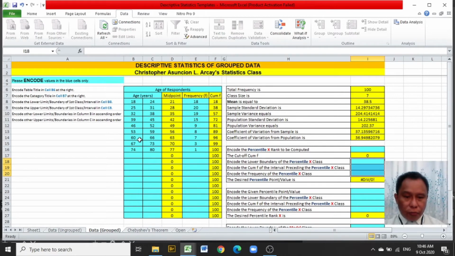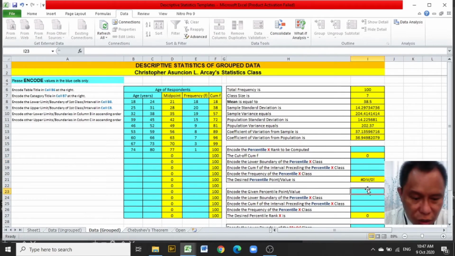For example, let's try 40. 40 is included in the 39 to 45 interval. So what if we try to determine the percentile rank of 40? Encode the percentile value 40.